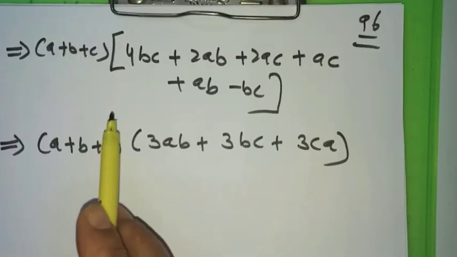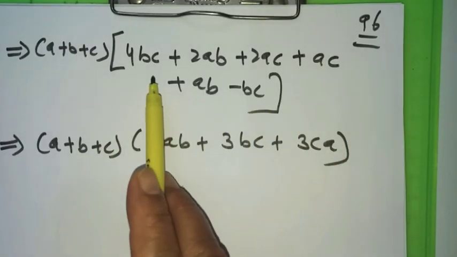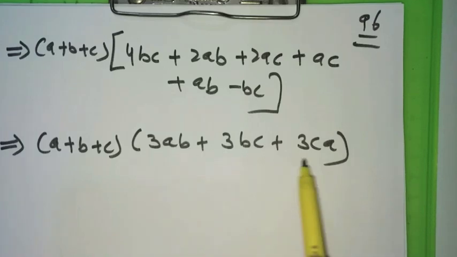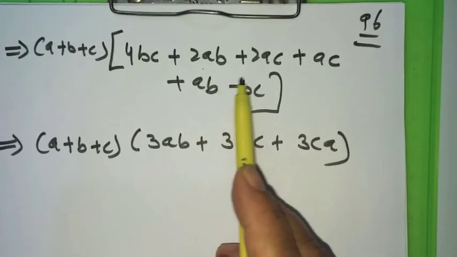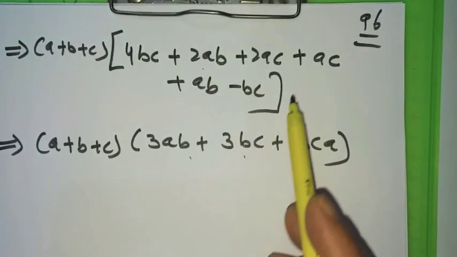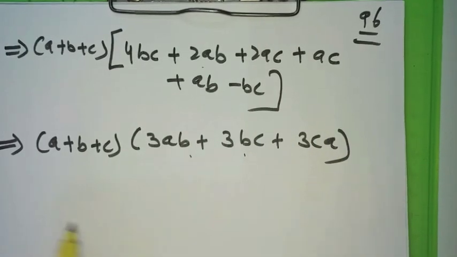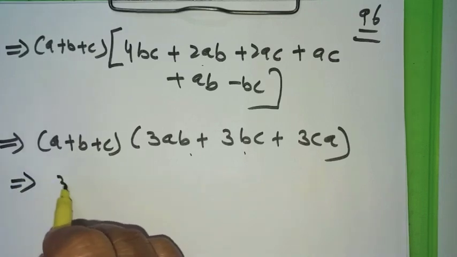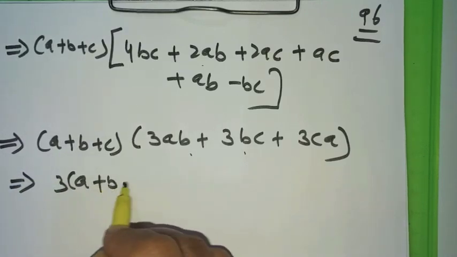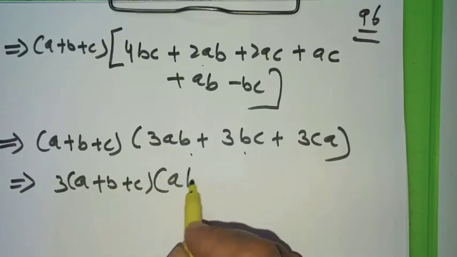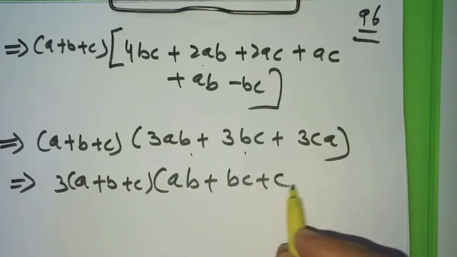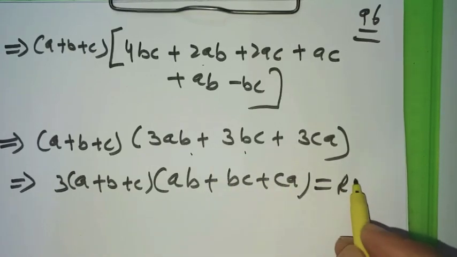By solving it further we get this step, and then 4bc minus bc is 3bc, 2ab plus ab is 3ab, and 3ca. So now I can take 3 common and I get 3 a plus b plus c, and that is equal to right hand side.